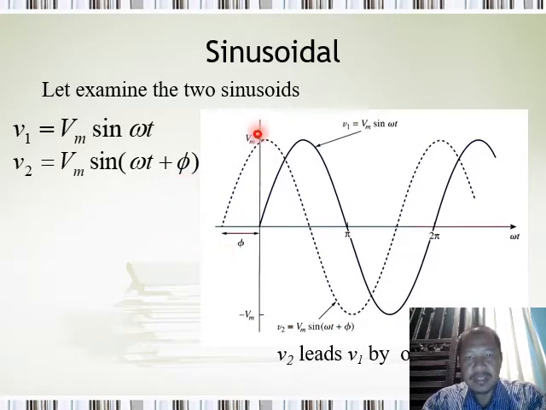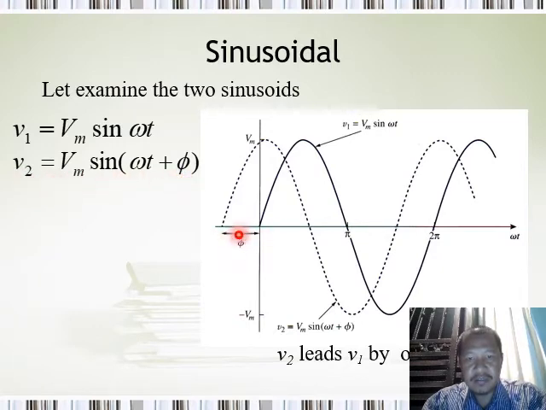So we can see here there are two signals. V1, this one, V1 equal to Vm sin(omega t plus phi) with phi equal to 0. So phi equal to 0 means it starts at t equal to 0. And V2 equal to Vm sin(omega t plus phi).